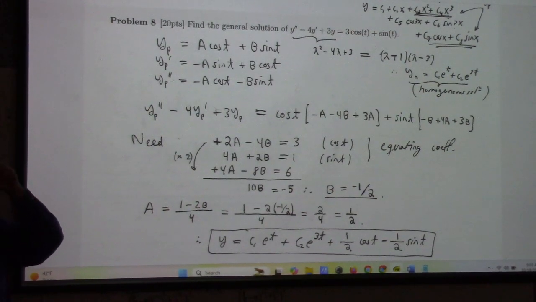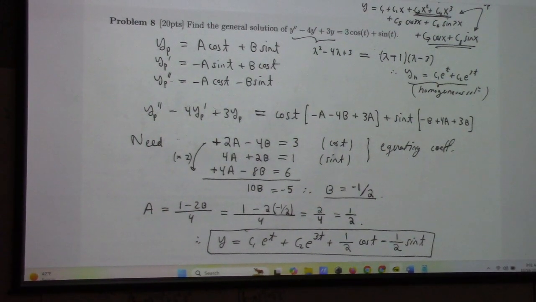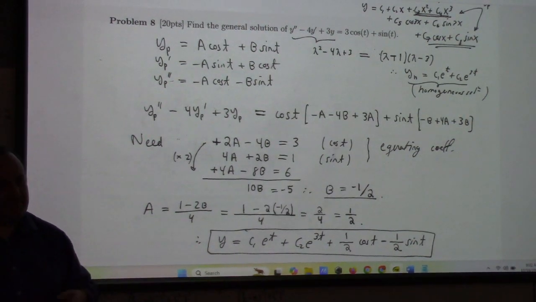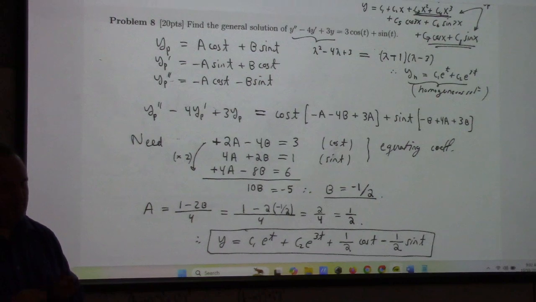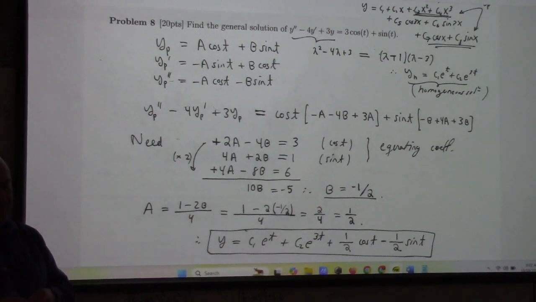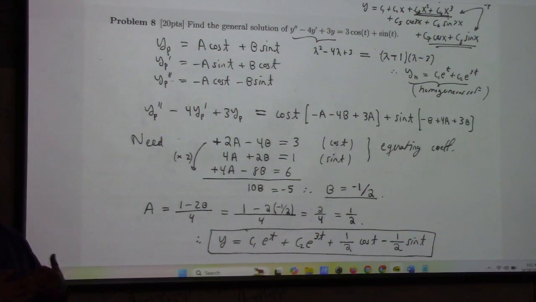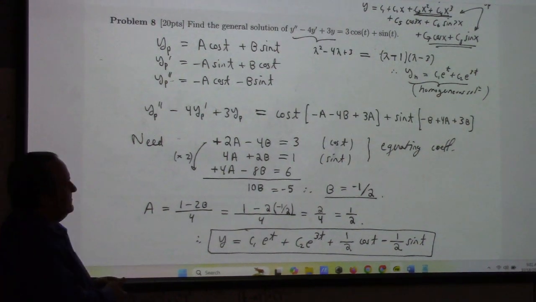Listen. Suppose you don't realize you need to use the annihilator method, and you make the wrong guess for yp. What's going to happen? It's not going to work, right? You're going to get 0 equals 1 essentially in the algebra. What do you do then? You just go, oh, well, go on. They give you partial credit. I mean, that's one approach. But a better approach would be to think about where you went wrong, adjust your answer and redo the problem.